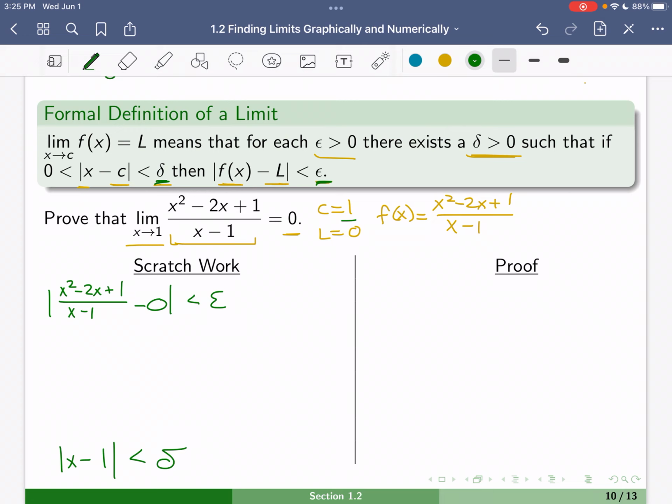All right, so let's do some work. If we take x squared minus 2x plus 1 over x minus 1, we could factor the top into x plus 1 times x minus 1. Nope, we can't factor the top in that way. It's x minus 1 times x minus 1, over x minus 1.